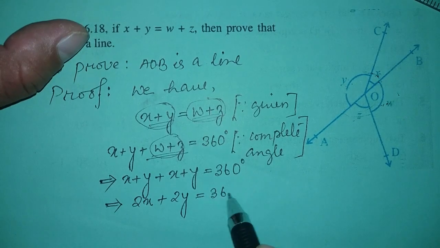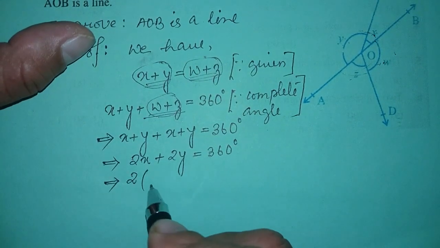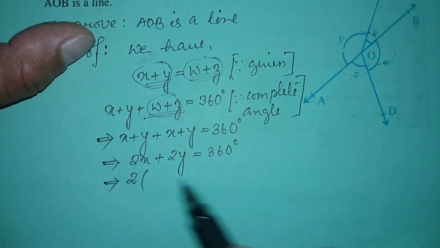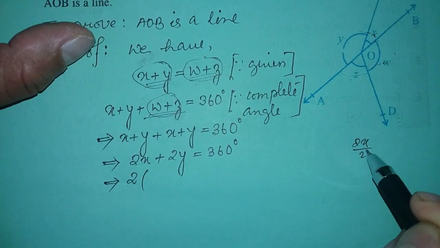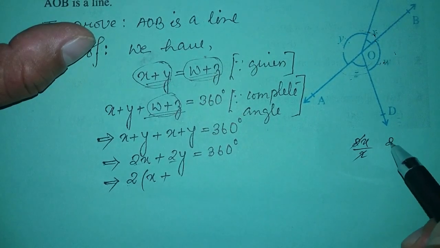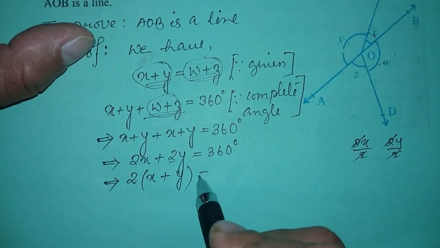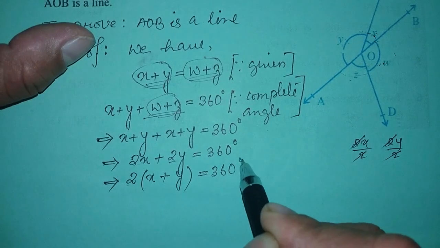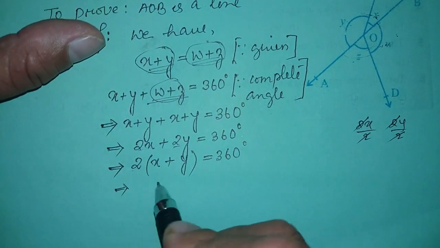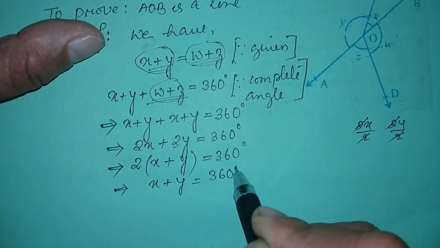This is equal to 360 degree. Now we can take 2 common here, and 2x divided by 2 is x, again 2y divided by 2 is y. Now dividing both sides by 2, we get x plus y is equal to 360 degree by 2.